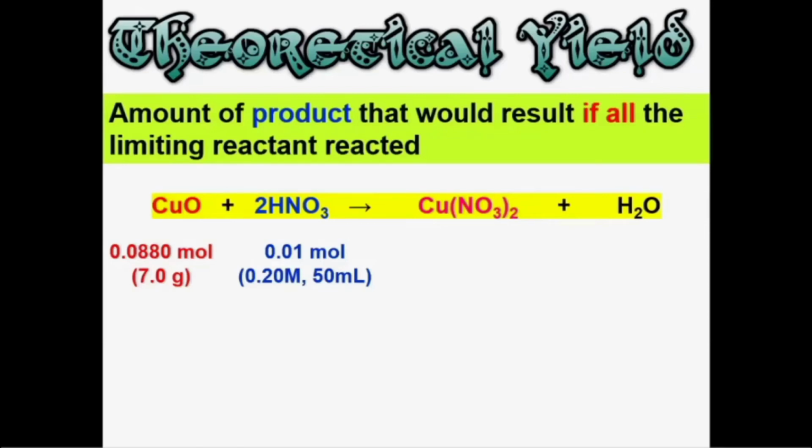So if the mole of nitric acid in this reaction is 0.01 mole, theoretically we are going to get 0.005 moles of copper II nitrate, or in the form of mass, it is 0.9378 grams of copper II nitrate produced in this reaction. And this yield here is what we call theoretical yield.